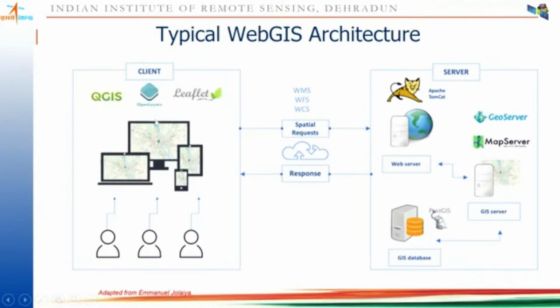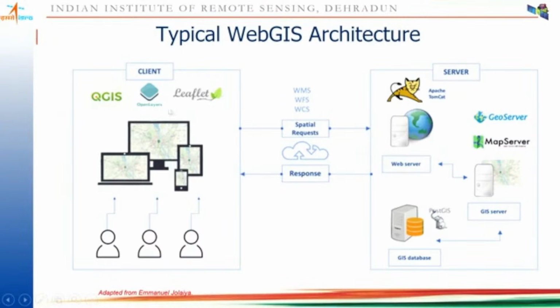Now once the request comes from the client, the request can come from QGIS, a standalone software, or I can build one HTML page basically, and in that HTML page you can use either Leaflet or OpenLayers. These are certain libraries which help you to process or generate the responses for the spatial data.